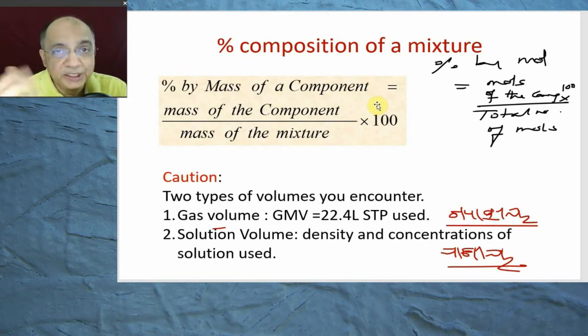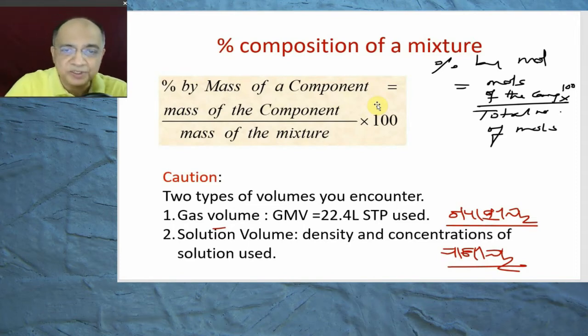Mostly the data given is mass percent, that is the mass of a single component divided by the mass of the mixture into 100. That is the mass percentage of a particular component. But if it is mole percentage, then it is the number of moles of one species by the total number of moles into 100. You already know how to find the mole fraction. Mole fraction into 100 becomes mole percent.